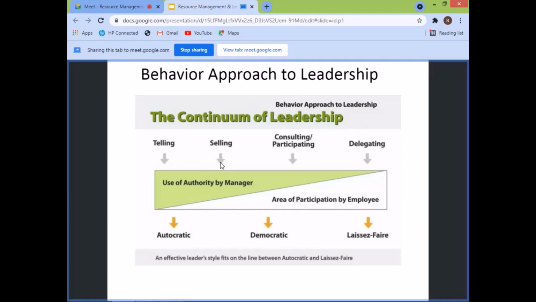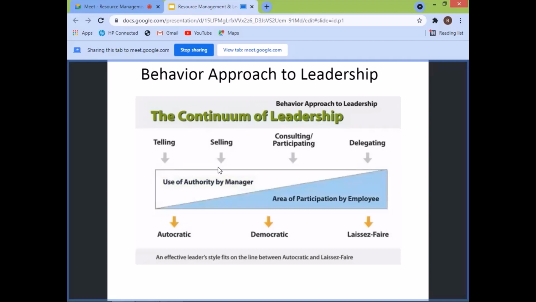Sir, what about we do this, do that? Is it good? Okay, good, do it. So the use of authority by managers becomes lesser now. What's important is being able to sell the idea, and the employee now makes a bit of decision making.